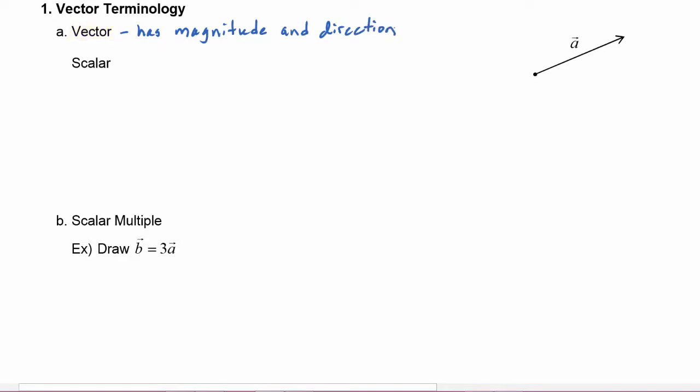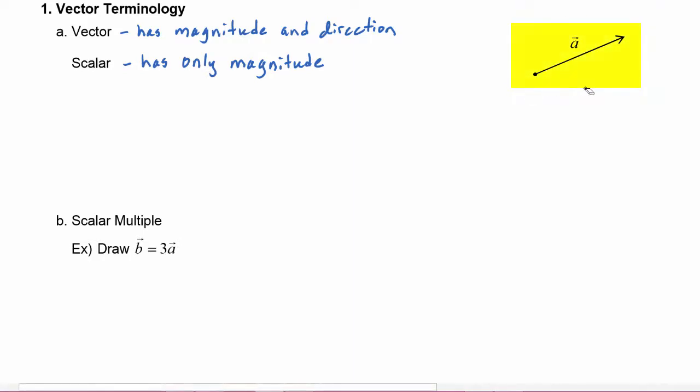And that's in contrast to a scalar, which has only magnitude. Another word you can think of for magnitude is size.